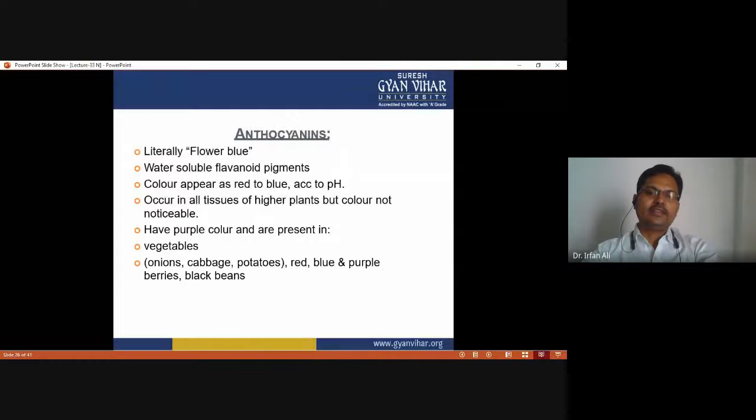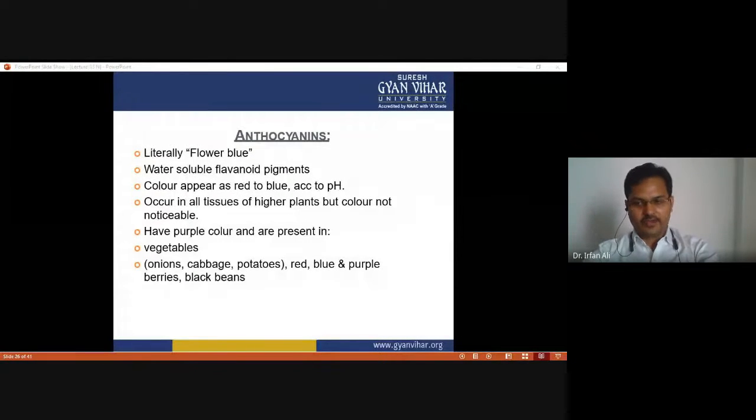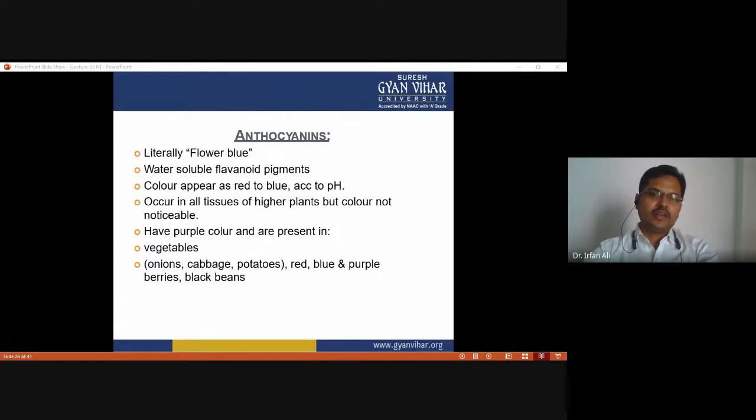And the next pigment is anthocyanin. Anthocyanin means flower blue, because anthocyanin is blue in color, and it is a water soluble pigment. Anthocyanin is in the group of flavonoid pigments, and the color appears red to blue according to the pH of the medium.